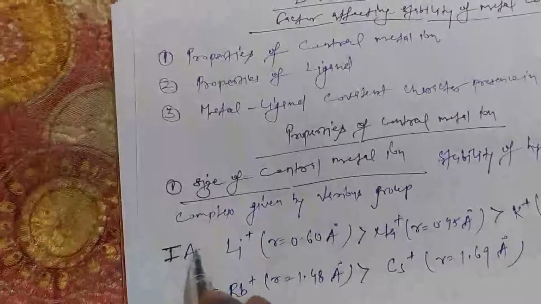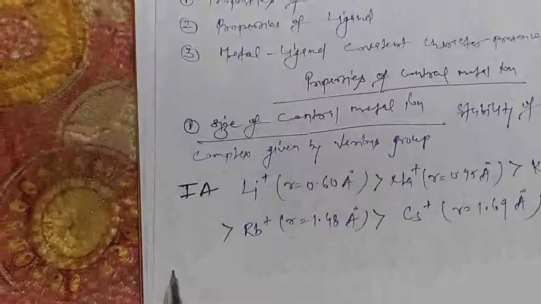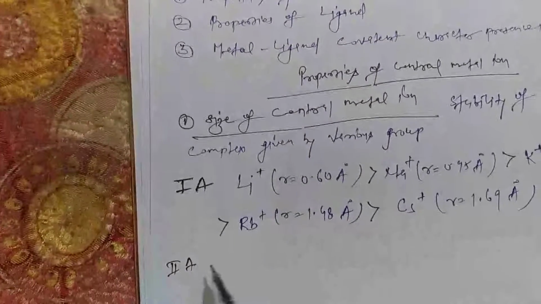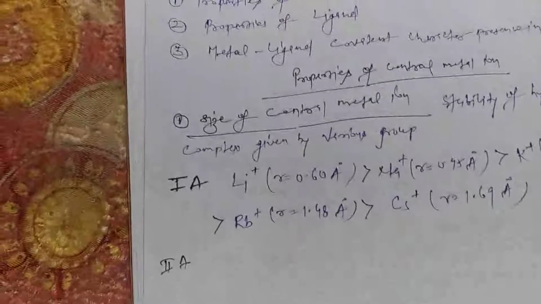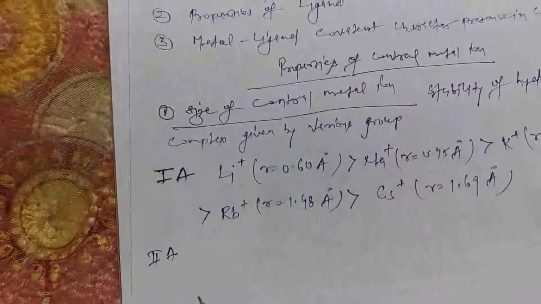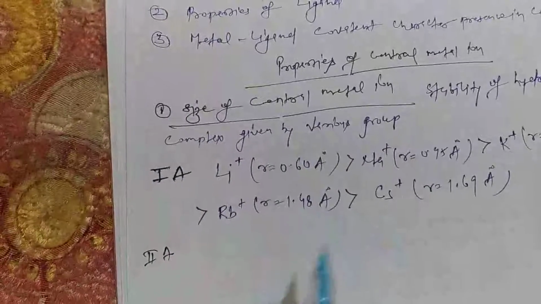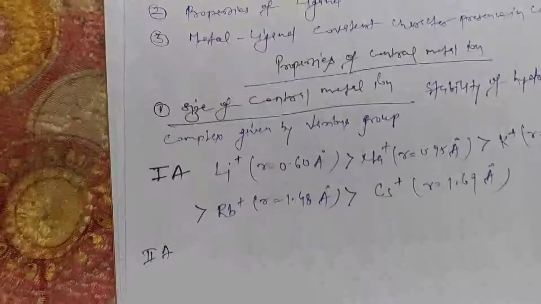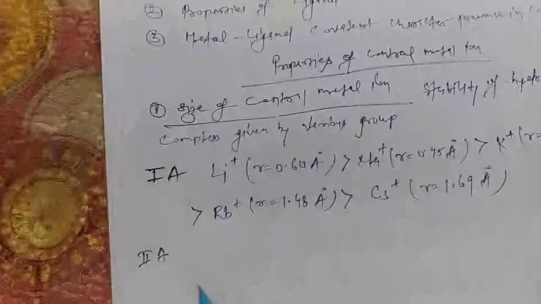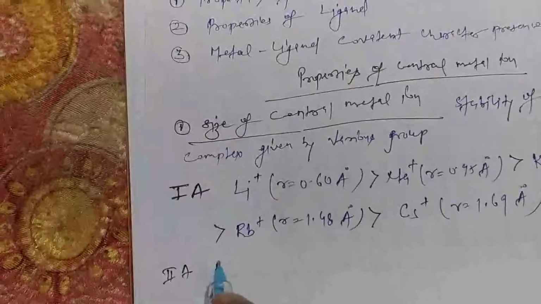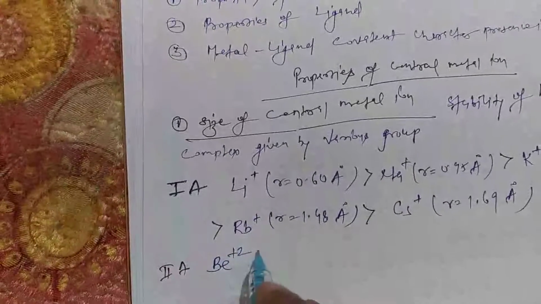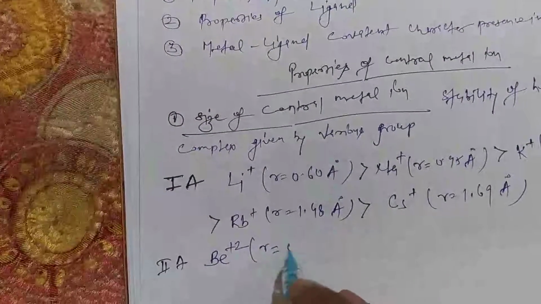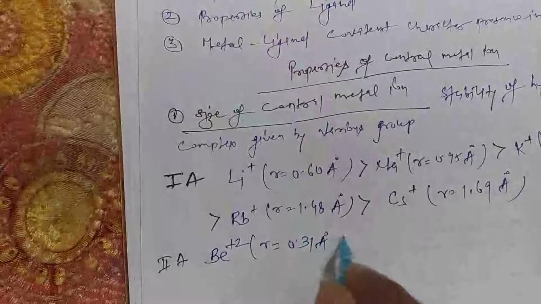Now we can take the example of the second group elements. This is again based on the central metal ion size, and here the charge is +2. The charge is similar for everyone, but as we move from top to bottom, size will increase. Here is beryllium +2, which has 0.31.